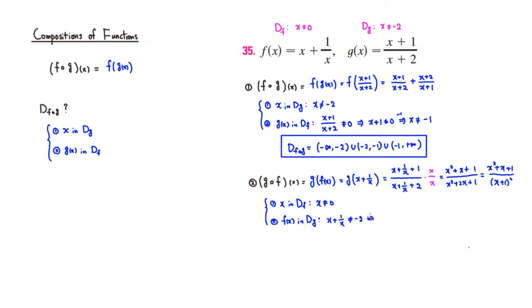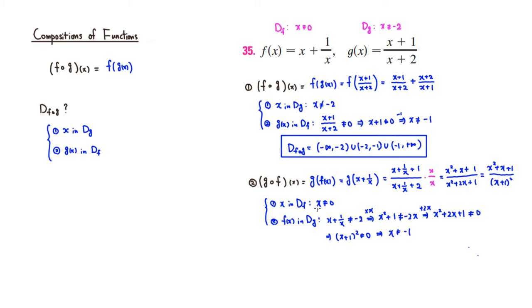So this is actually a quadratic inequality. Multiply through by x, we have x squared plus 1 not equal to negative 2x. Then we can add 2x to both sides, so you have x squared plus 2x plus 1 not equal to 0. We can factor that: x plus 1 squared is not equal to 0, which means x cannot be equal to negative 1.